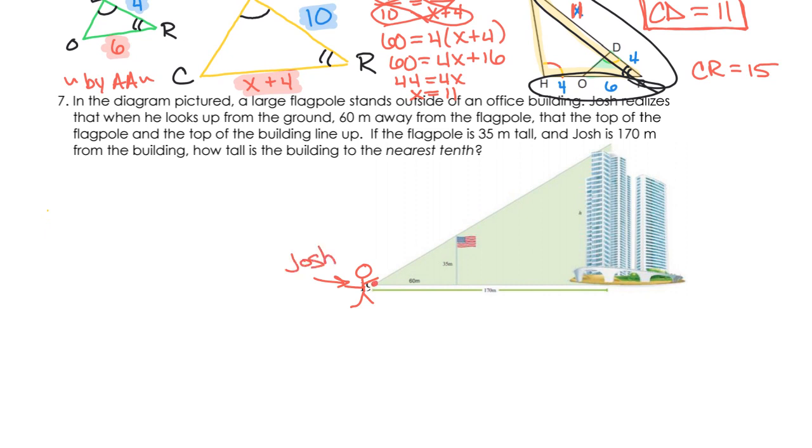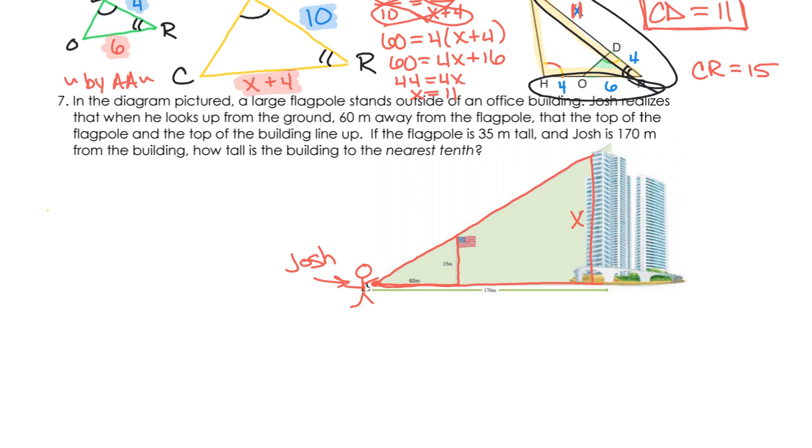Okay, so when he looks here, he's 60 meters from the flagpole. And he also notices that the tops of the flagpole and the building line up. It says if the flagpole is 35 meters tall and Josh is 170 meters away from the building, they want to know how tall is the building.